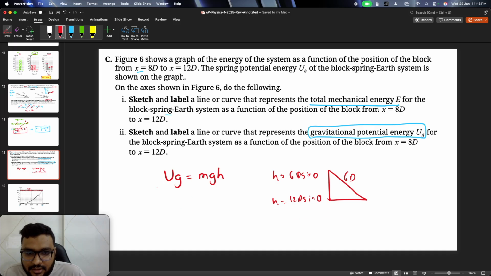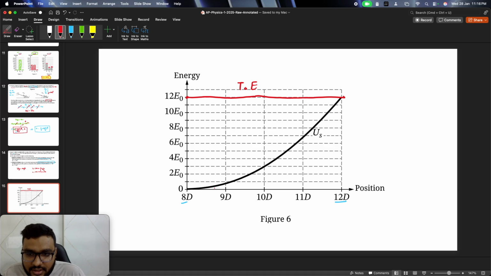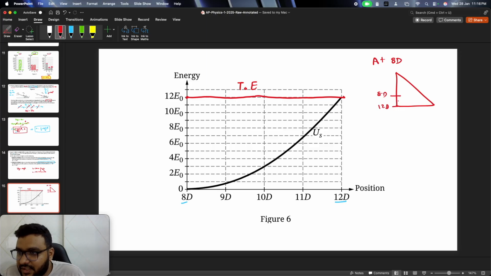So I can say that at 8d it's going to be how much? 12 E naught minus 4 E naught. So this entire thing is 12d sine theta. So this is 8d and this is going to be 12d. I can say that at 8d the gravitational energy is going to be 4 E naught. Now what about 9d? At 9d, it is again going to be 12 E naught minus 9 E naught, so it's going to be 3 E naught.